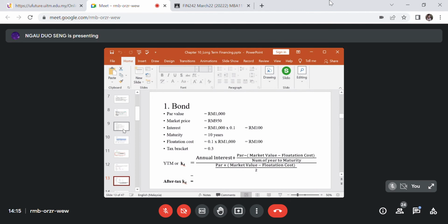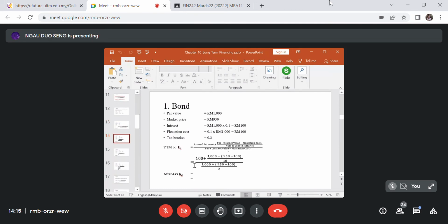All right, so we check here. We have annual 100 plus 1,000 minus 950 minus 100 divided by 10, divided by 1,000 plus 950 minus 100 divided by 2.